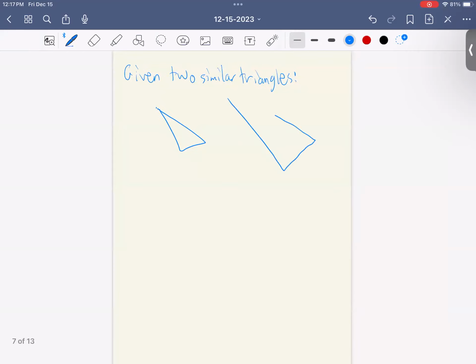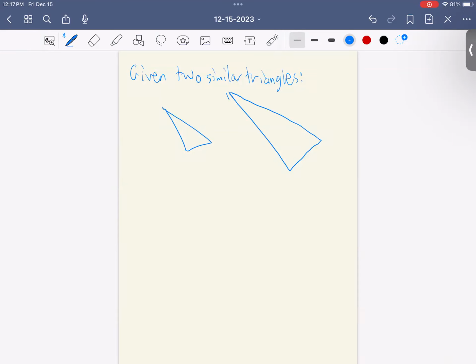Okay, so let's say that I'm given two similar triangles. If I'm given this diagram of two similar triangles and I have a 3, an 8, a 9, and an X, and let's call the last one 5.